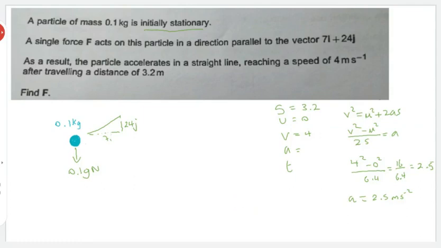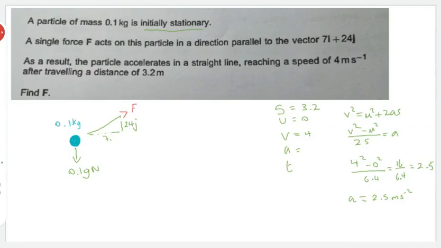If this force is acting in such a direction, then we must consider all the forces acting. So this is F. What we need to do is resolve the forces.